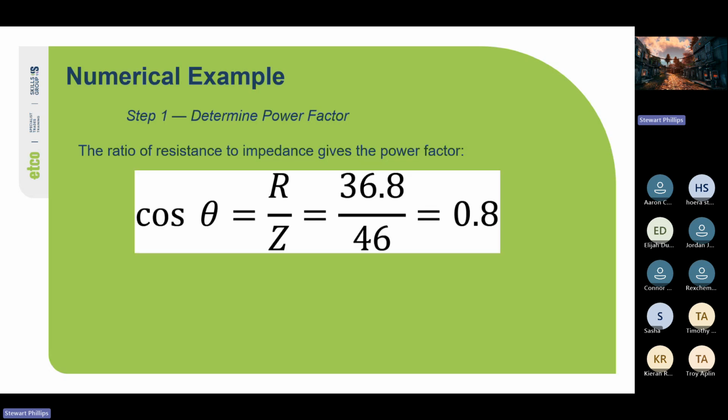So our cosine theta would be equal to our resistance divided by our impedance. So 36.8 divided by 46, giving us a 0.8 power factor. So the power factor would be 0.8 lagging since the circuit is inductance.